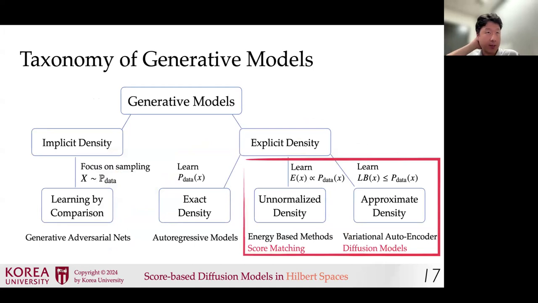Today, a wide variety of generative models have been studied, like generative adversarial networks or variational autoencoders, which are very famous. But unlike generative adversarial networks, score-based generative models and diffusion models belong to the methodologies that perform density modeling explicitly under the maximum likelihood principle.